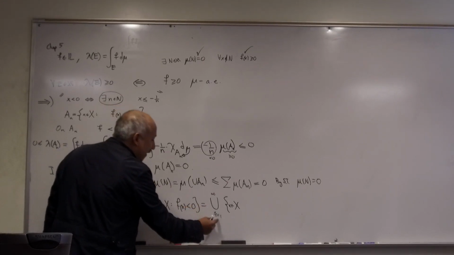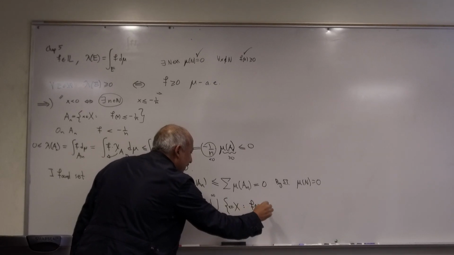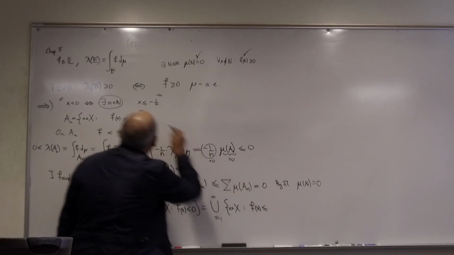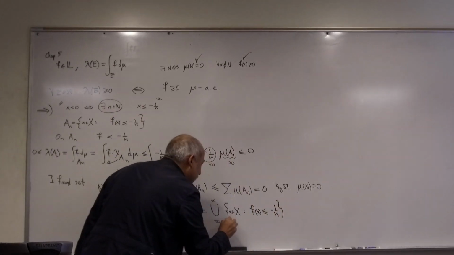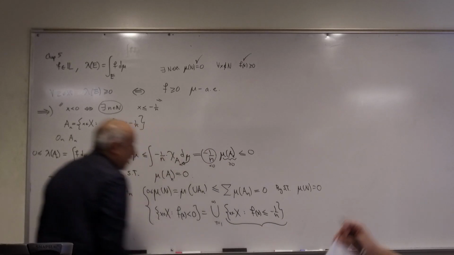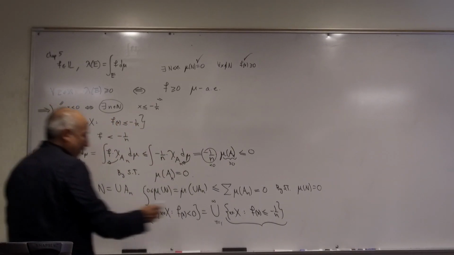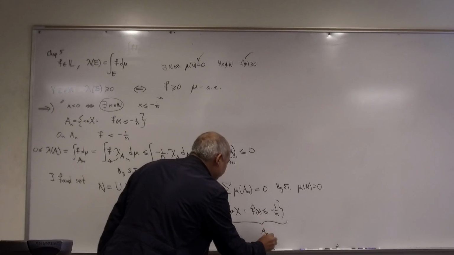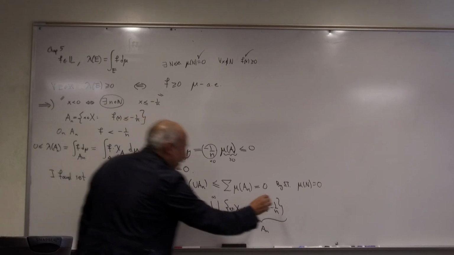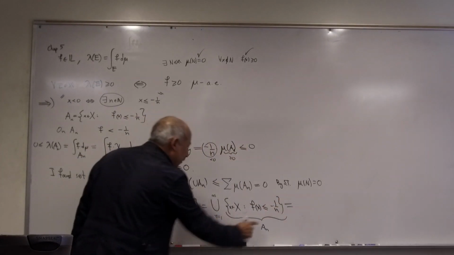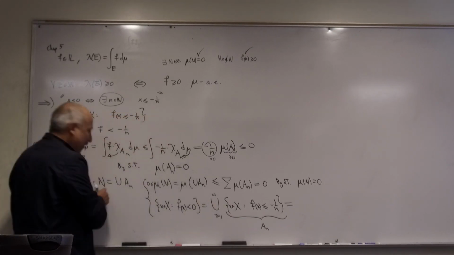Therefore, there exists an n such that f of x is less than or equal to negative 1 over n. Now, who the heck is this set? What's the name of that set? A_n. And who the heck is the union of A_n? What is the union of A_n? N, right? The union of A_n is capital N.